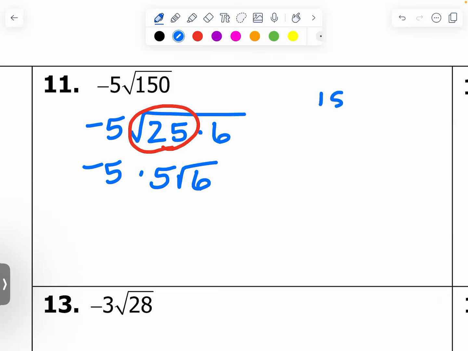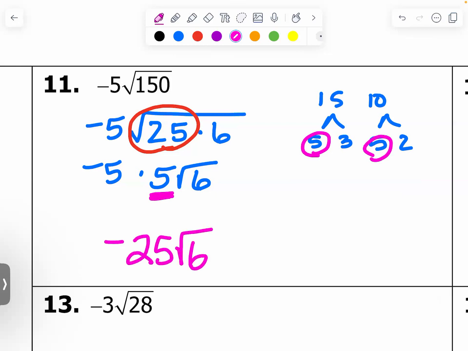Okay, so you have 15 and 10, which is 5 times 3 and 5 times 2, right? So here's a pair of 5s that come out. And then 3 and 2 are loners. Well, what's 3 times 2? Okay. So our answer is negative 25 square root of 6, because we have to multiply the 5 and negative 5 out here.